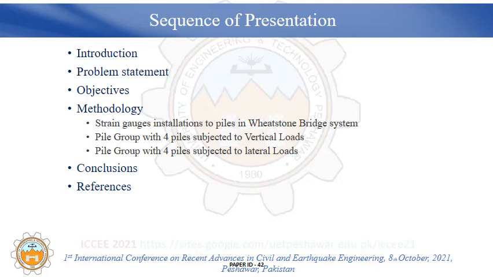After that, I will explain the results of the 4-pile group in which the piles have been instrumented by strain gauges, and will explain the distribution of vertical forces and also the distribution of lateral forces in the piles. After the methodology portion, I will make some conclusions based on this, and references.